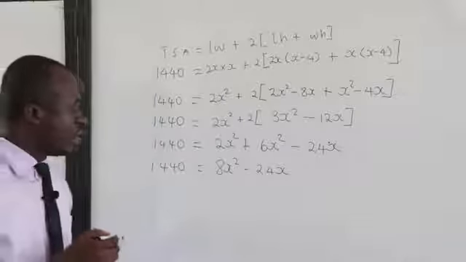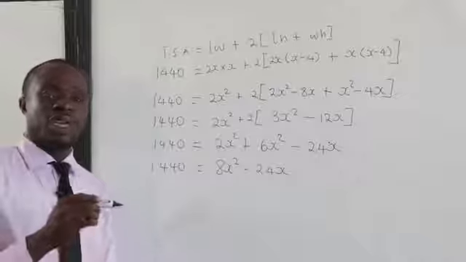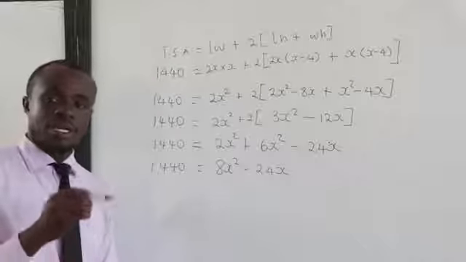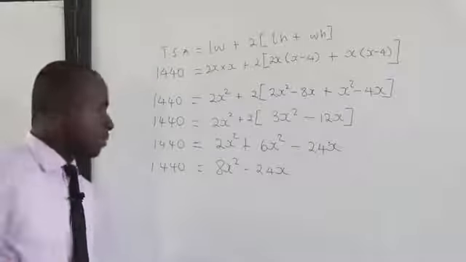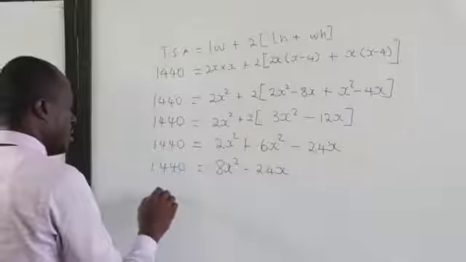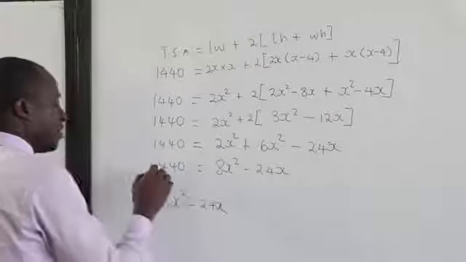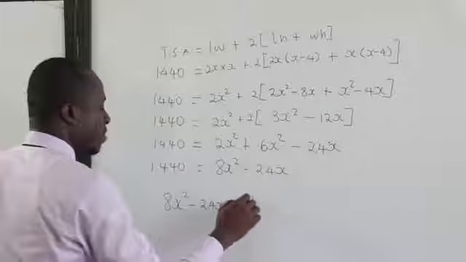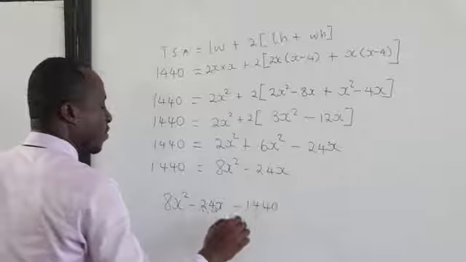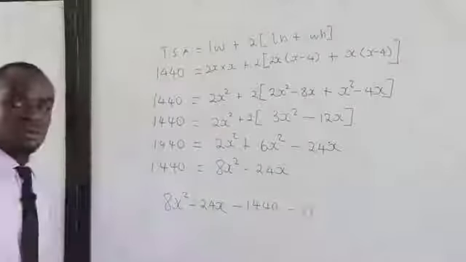Clearly, we are seeing that we are getting a quadratic equation, and we have to put it in the form ax squared plus bx plus c equal to 0. So from here, let's take this to this side. So we are going to get 8x squared minus 24x. Now this is on the left hand side, cross and becomes negative 1,440, and then this is equal to 0.